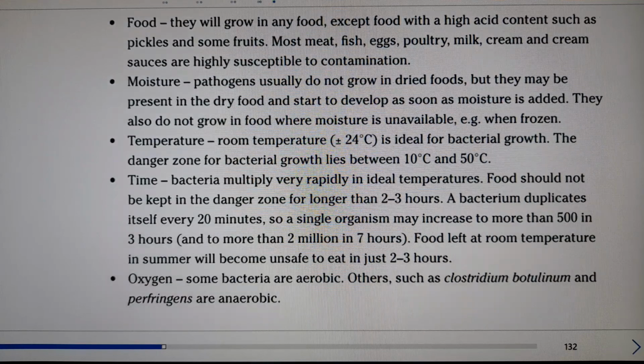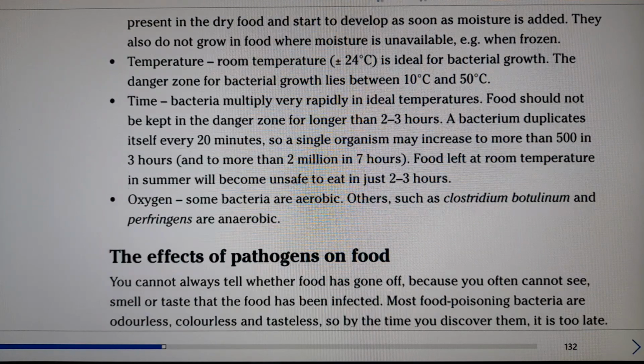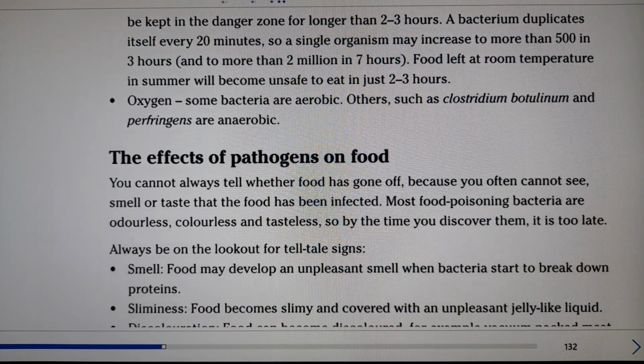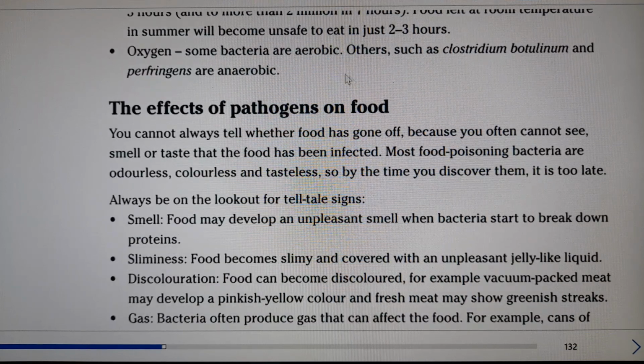So if you leave food outside the freezer for 2 to 3 hours, it becomes unsafe. And they say in oxygen, some bacteria are aerobic, which means they need oxygen to grow. Others, such as Clostridium botulinum and perfringens, are anaerobic, so they don't need oxygen to grow.